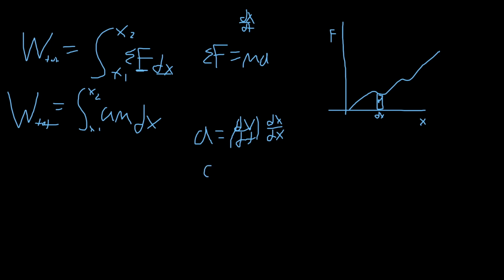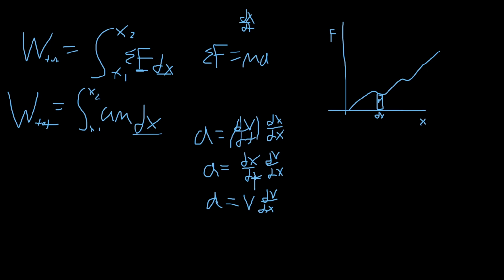So we're going to write acceleration equals dx over dt times dv over dx. As you can tell, if you look back here, we can already see that our dx is going to be eliminated, which will change the integral to velocity. So we have acceleration equals velocity times dv over dx.